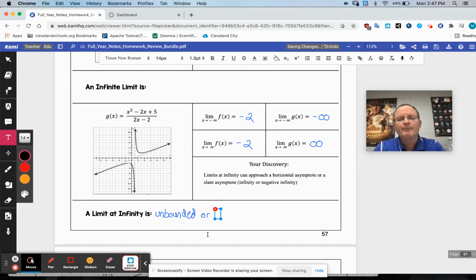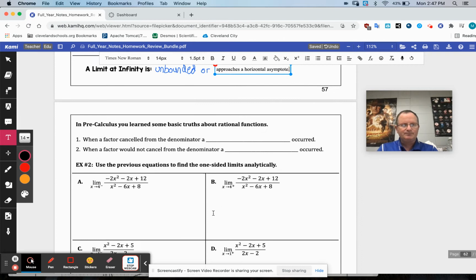Okay, so the unbounded thing could be positive infinity or negative infinity. That's what you would answer, like we did right here. Or you could approach a horizontal asymptote, as we did in this case. Okay. All right. Next.